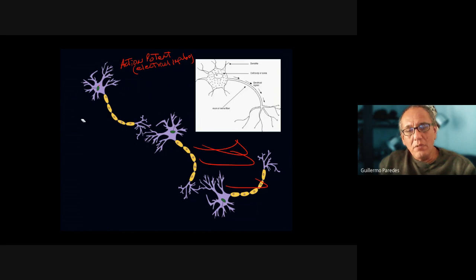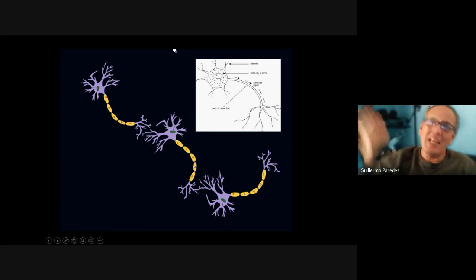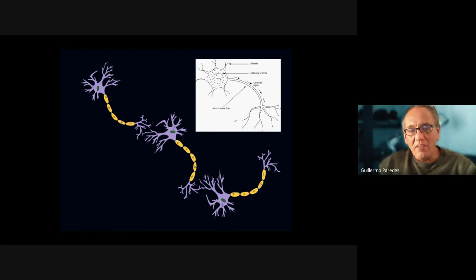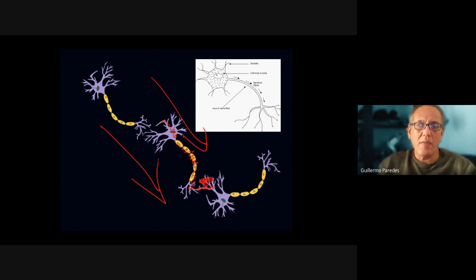To make it simple and not so complicated, you need to remember that the dendrite is what receives the electrical impulse. And then when they receive the electrical impulse, they go to the soma, to the axon, to the terminal axon, and the electrical impulse continues to the next nerve, entering the next dendrite. Is that clear? Yes. All right.